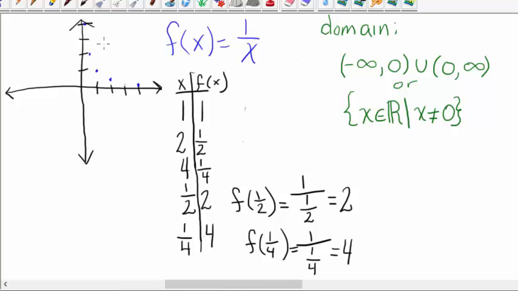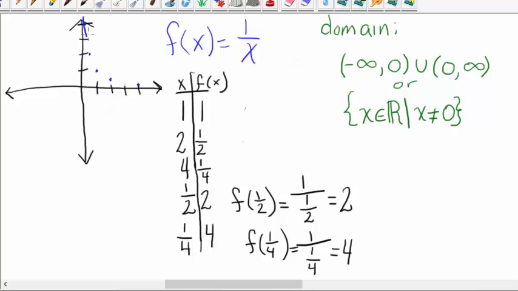So we get values (1/2, 2), (1/4, 4), and so forth. As we get closer to 0 from the positive direction, our values for f are getting higher and higher. But we're never actually going to hit a maximum value, and we can plug in values closer and closer to 0, but we're never actually going to be able to plug in 0 itself.